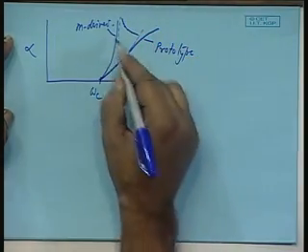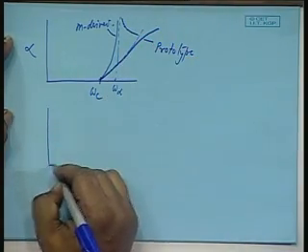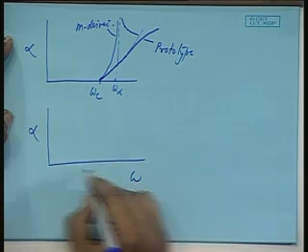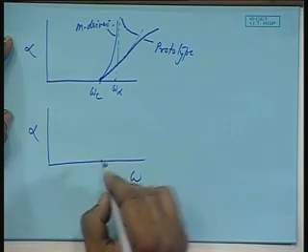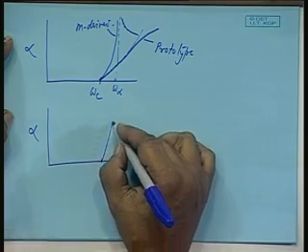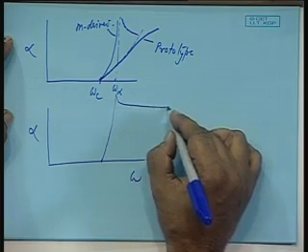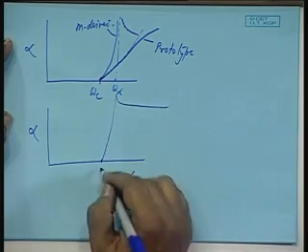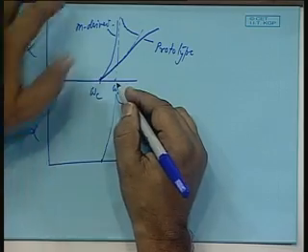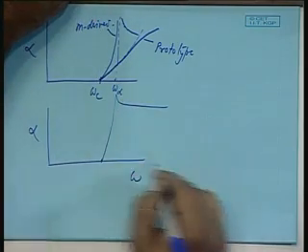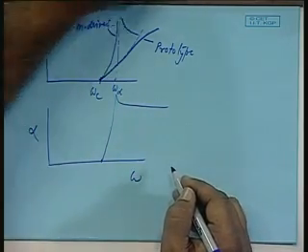So, if I put them in cascade, the resultant alpha will be at omega c like this, and it will be practically going to infinity and then again fall like this. So, we get a very sharp rise in the value of alpha in the stop band. Okay.